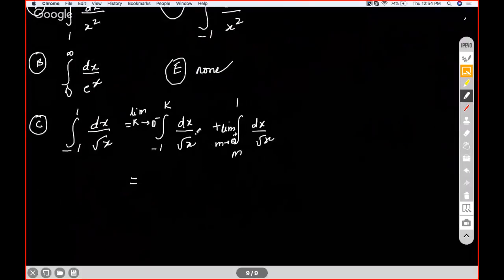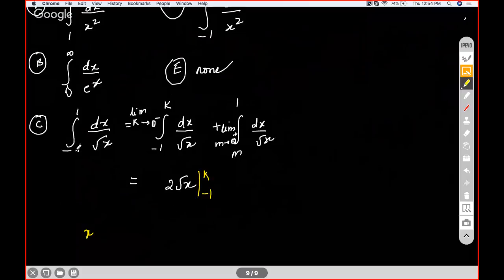So what's the answer to this? 2 root x, correct? 2 root x, from k to 1. Then x to the power minus half plus 1, x to the power half. But minus 1 also: it will not exist in that zone.